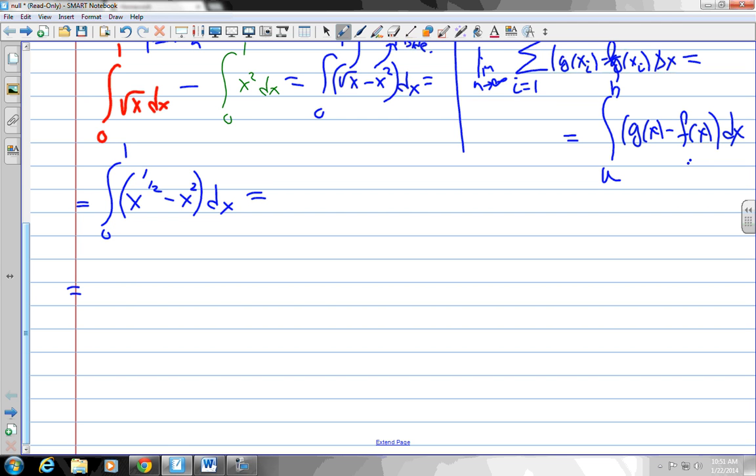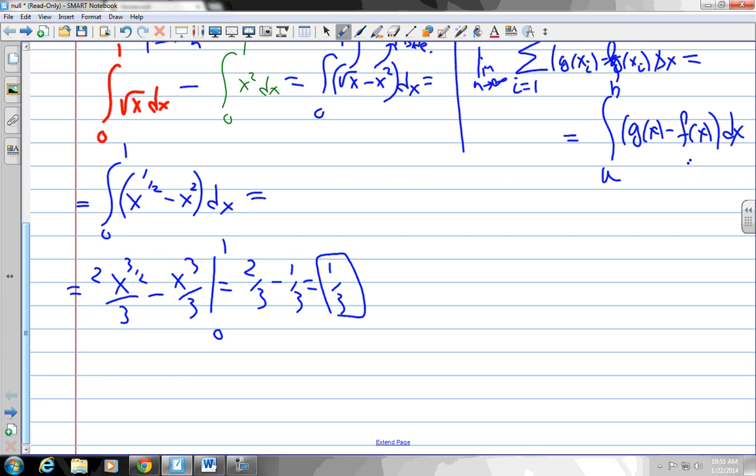So what does it give me? x to the 3/2, so 2/3 of that, minus x cubed over 3, from 0 to 1. Plug in 1, you get 2/3 minus 1/3. Plug in 0, you get 0. So that's 2/3 minus 1/3 equals 1/3.